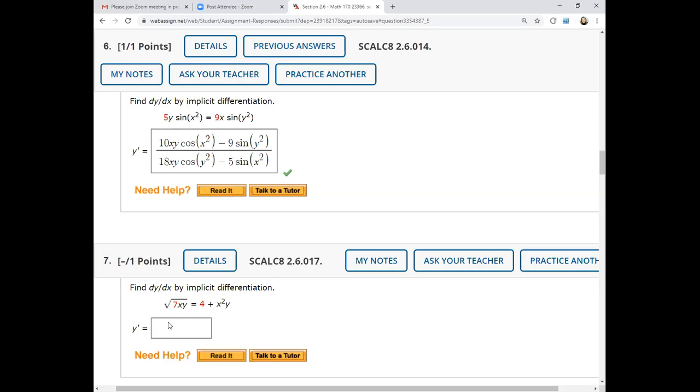So the derivative of x squared, you're doing x squared y, right? Yes, so the first function is x squared, the second function is y. So 2x times y plus x squared times the derivative of y.